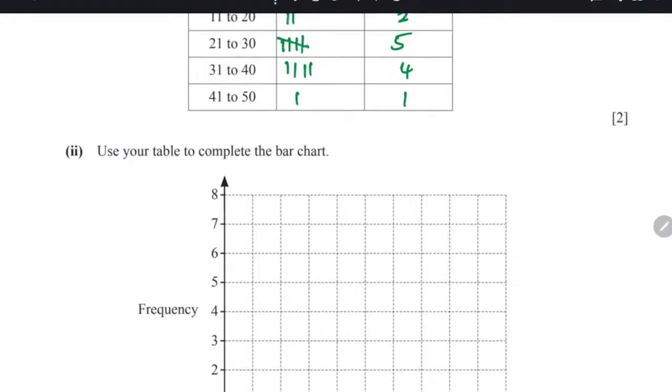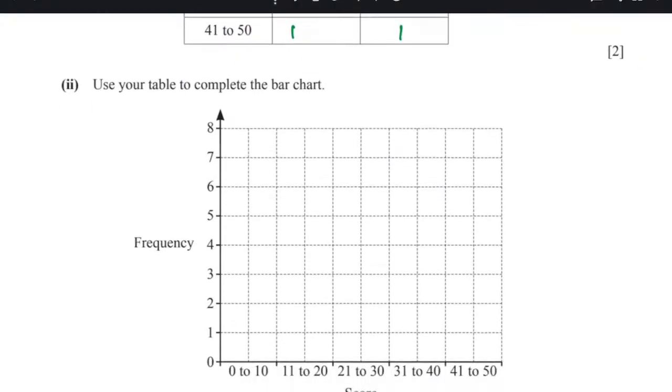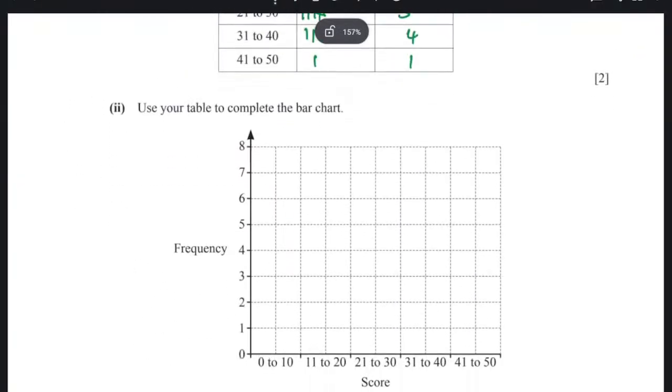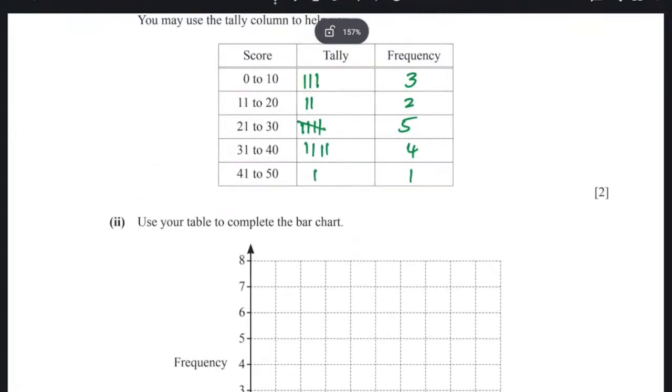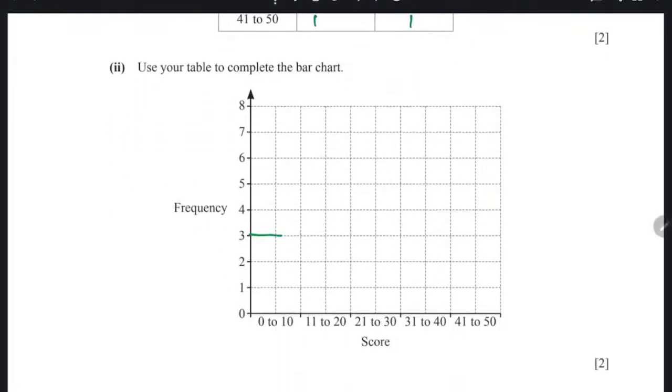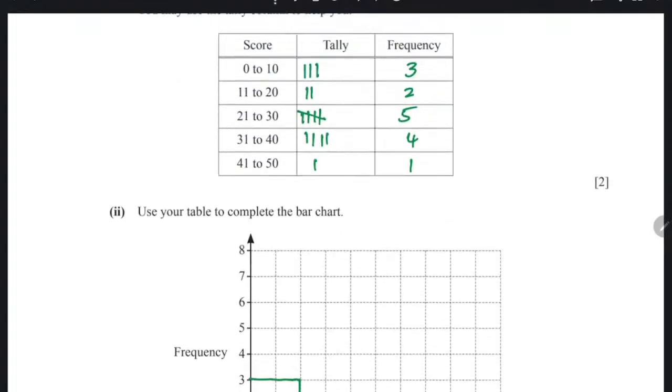Bar chart. You may use your table to complete the bar chart. Frequency. So we say 0 to 10. What is the frequency? 3. So it is 3 on 0 to 10. 11 to 20, it is 2.